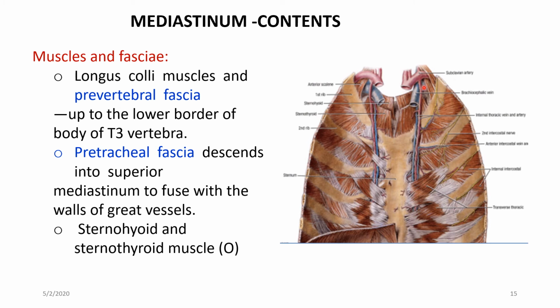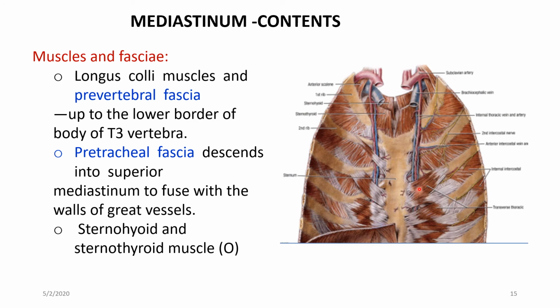Apart from that, what you are seeing is the one major vessel, the subclavian artery, from which comes a vessel that passes along the thorax, known as the internal thoracic artery, and the corresponding vein you are seeing. So it is running along the posterior aspect of this sternum.